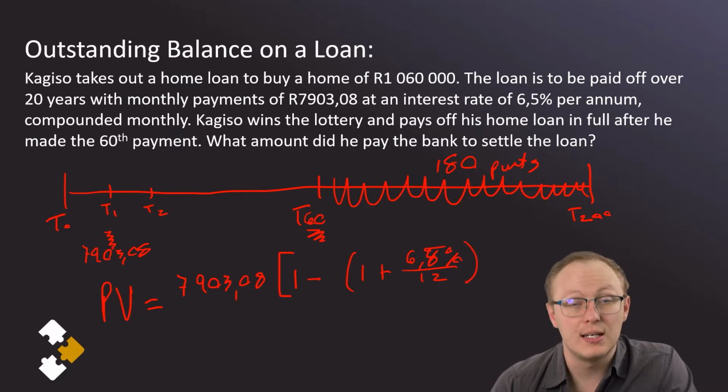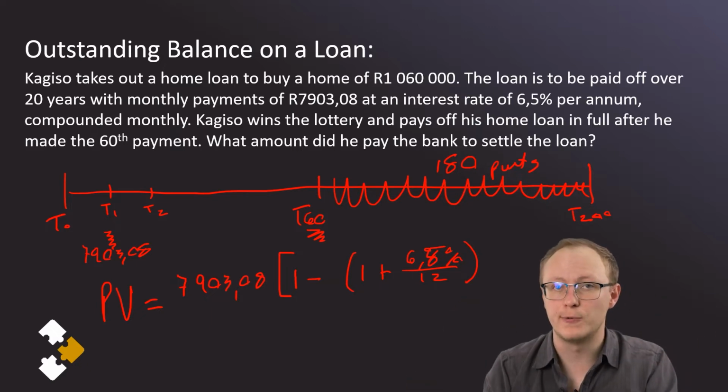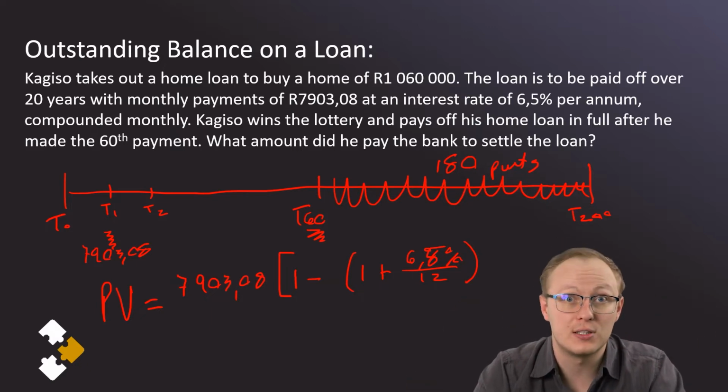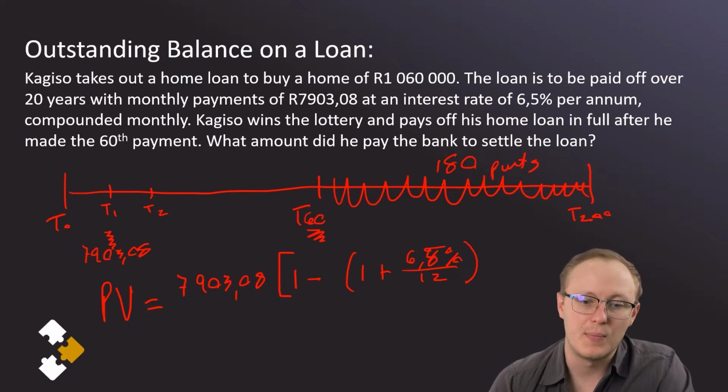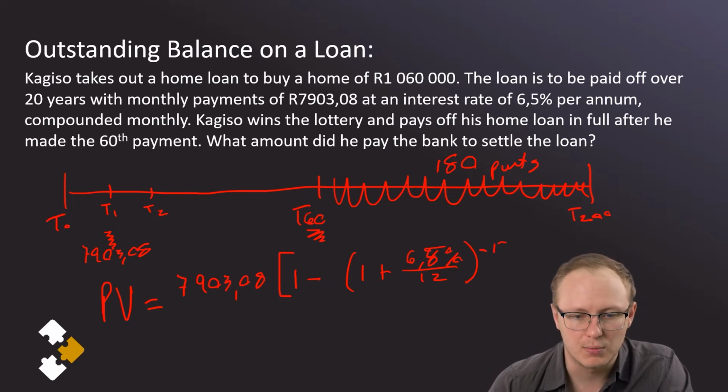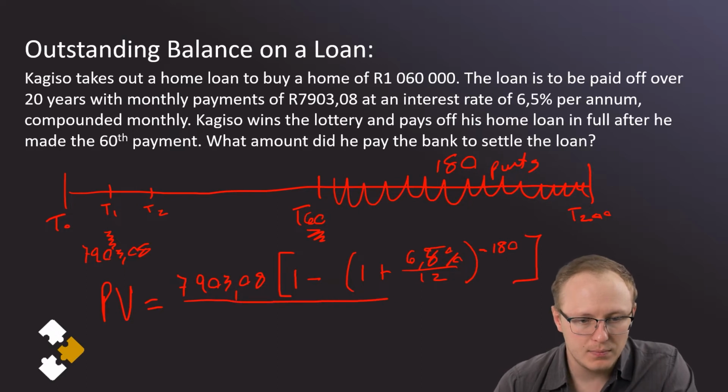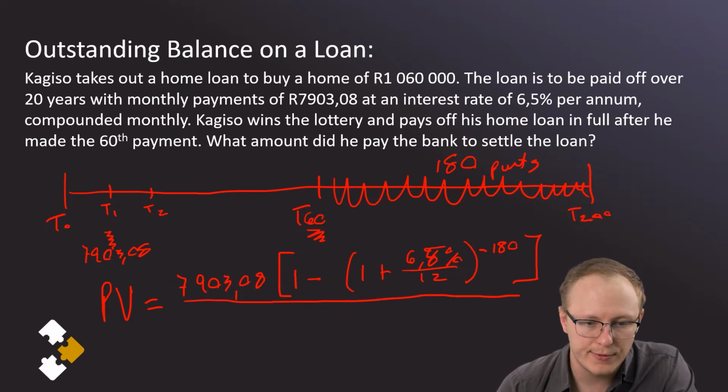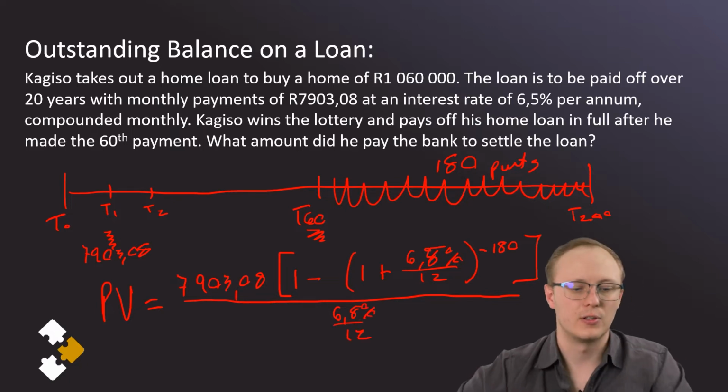And then we're dealing here with 180 periods, not the whole 240, because we're finding the present value after 60 had already been made. So this is going to be negative 180. Cool. And then we're going to have 6.5% over 12 in the denominator.